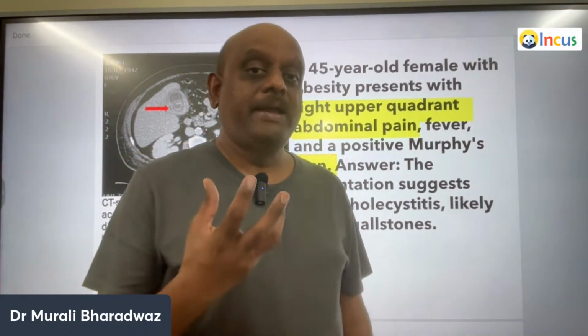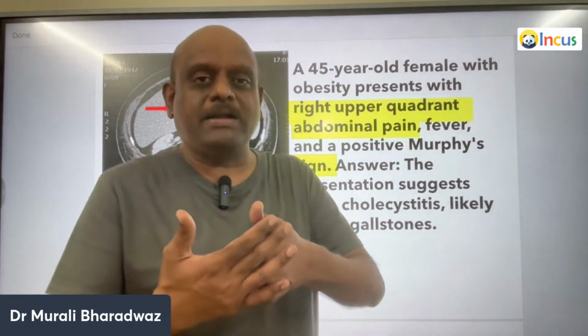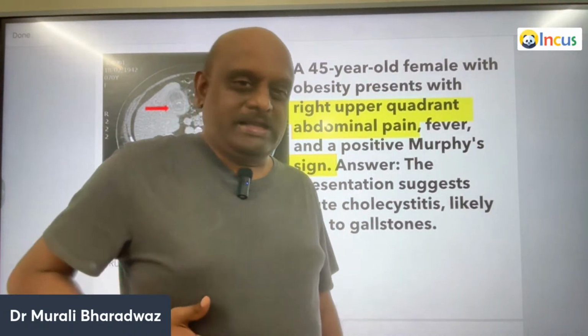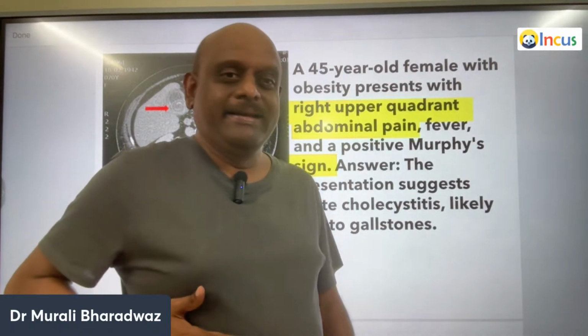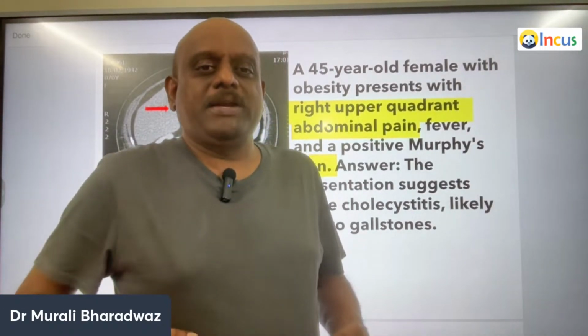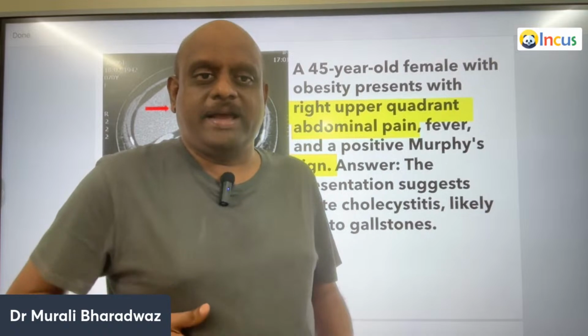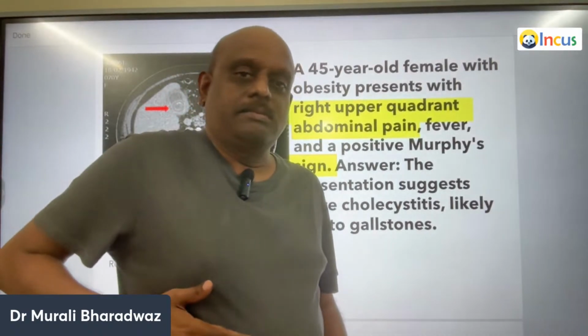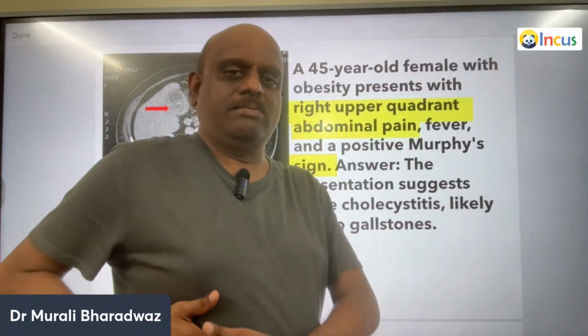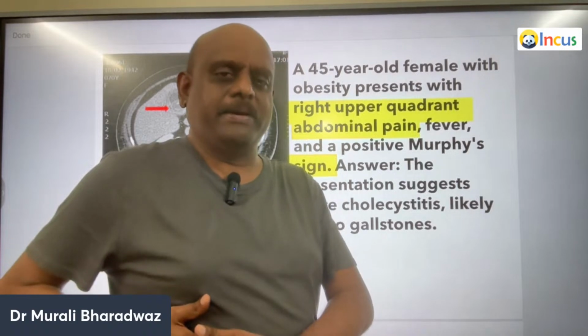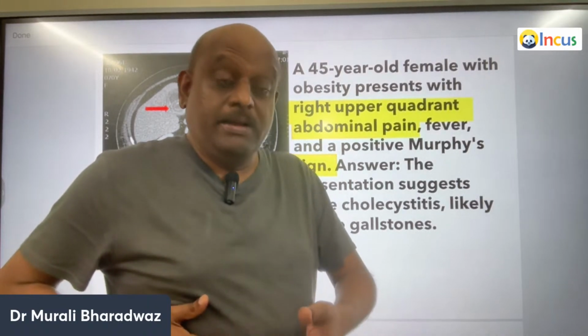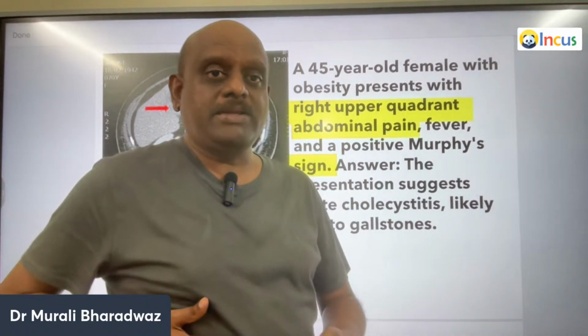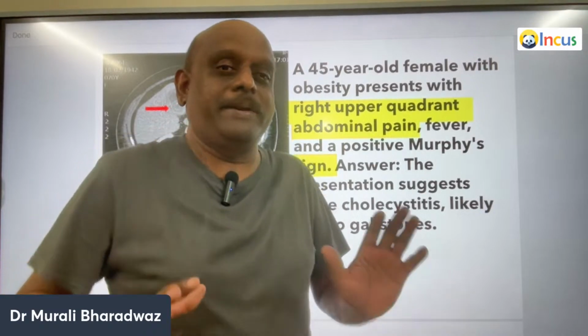That is because an inflamed gallbladder will come and touch your examining hand whenever you are taking deep inspiration. That's the reason whenever cholecystitis is there, if you put your examining palm under the right lower rib, then the inflamed gallbladder touches it and the patient will hold the breath.